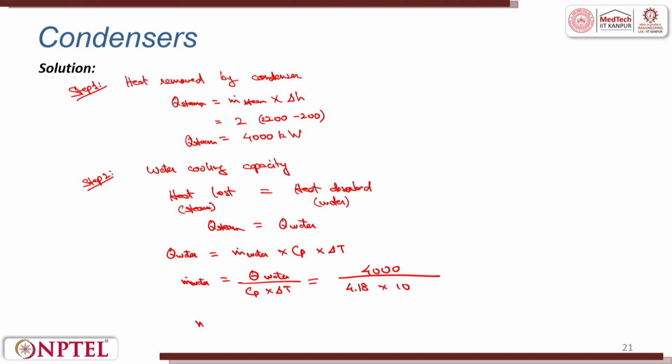This gives me the mass flow rate of water as 95.693 kilograms per second. This is mass flow of water per second here.